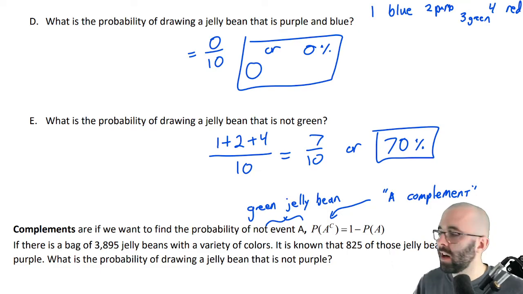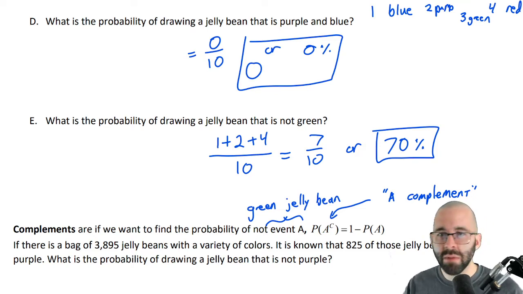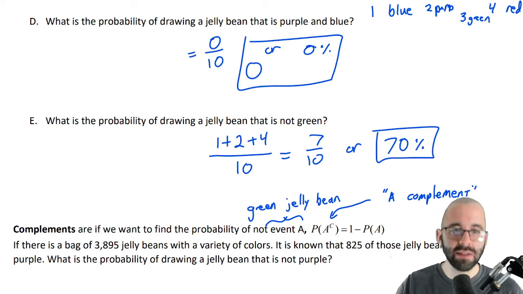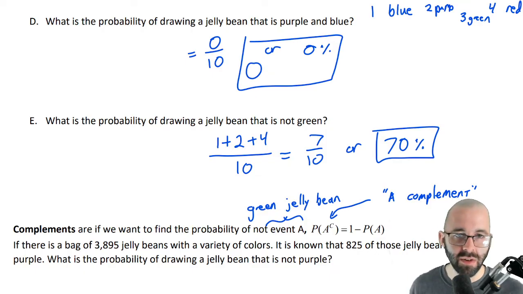This makes sense. What's the probability of getting something that's not green? Just 1 minus the probability of getting something that is green, and vice versa, okay?